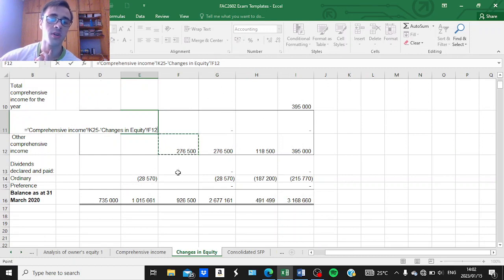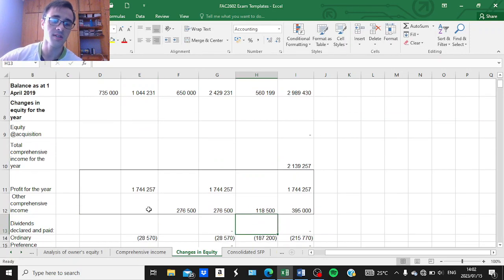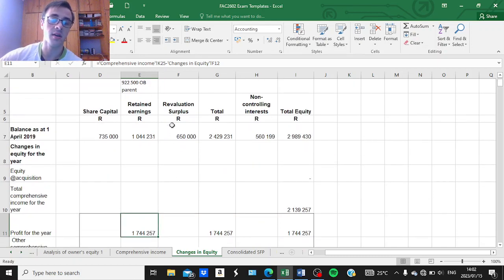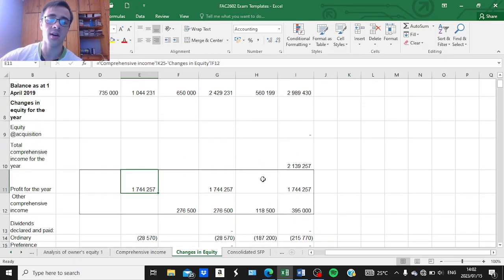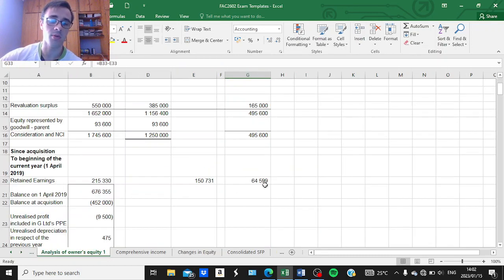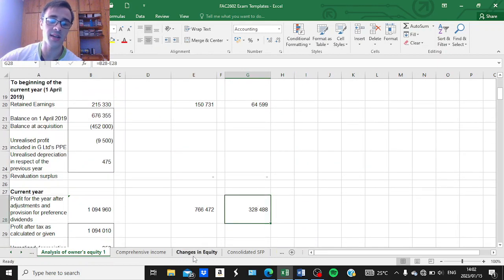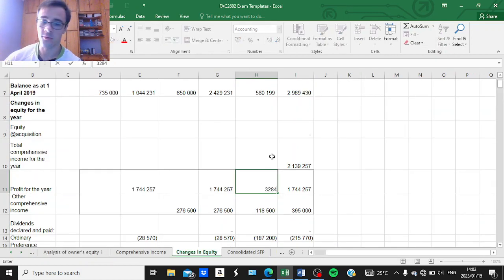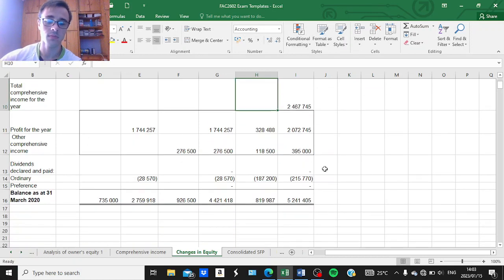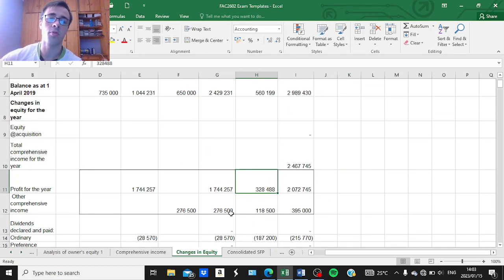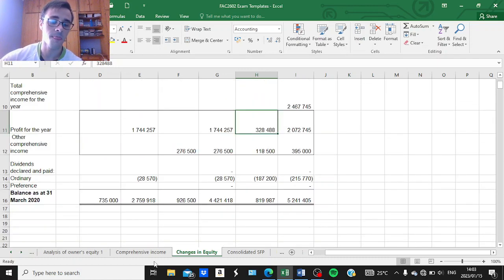And then we need to subtract the other comprehensive income portion of 276,500. Right? So 174,4257 is credited to the retained earnings column. And then your NCI's portion was 328,488. Okay, that is the profit for the year that is attributable to non-controlling interests.